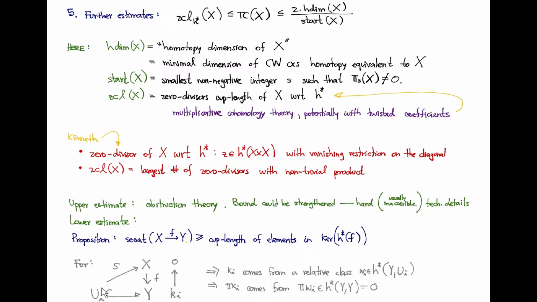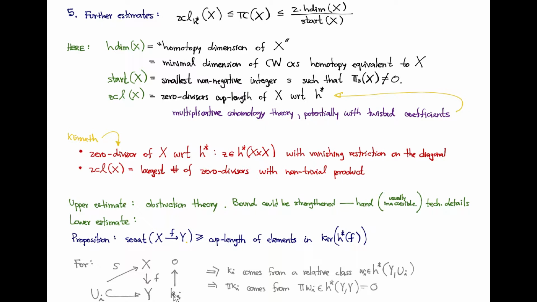And the reason for that is, well, suppose I'm looking at sectional category. So I have a bunch of open sets covering Y with corresponding local sections. On the other hand, I want to compare this number of open sets with elements in the kernel of the map induced in cohomology by F. So suppose you have such elements.